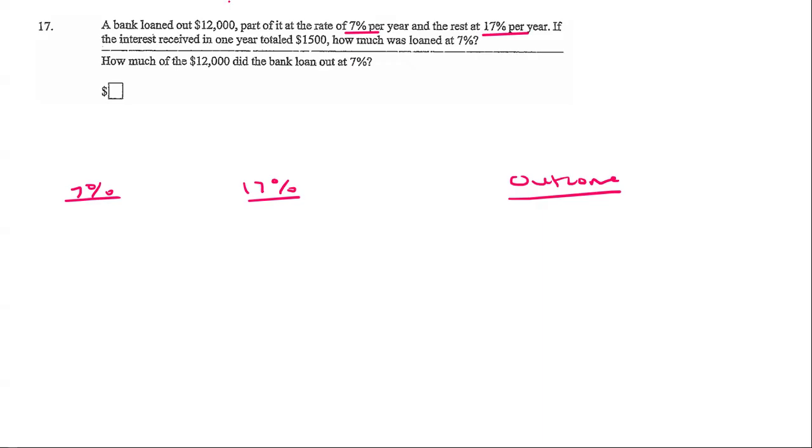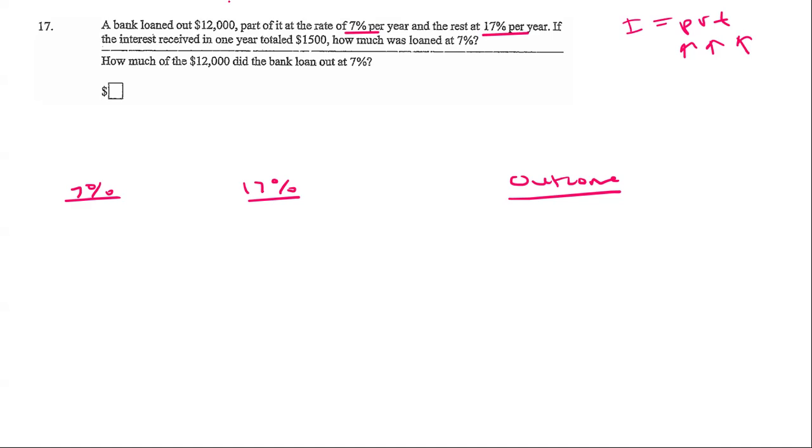Now, since we're talking about loan interest, this is a loan interest problem. So we're actually going to use the formula I equals PRT. Remember, P is the principal or the money borrowed, R is the rate, and T is time, annually per year.